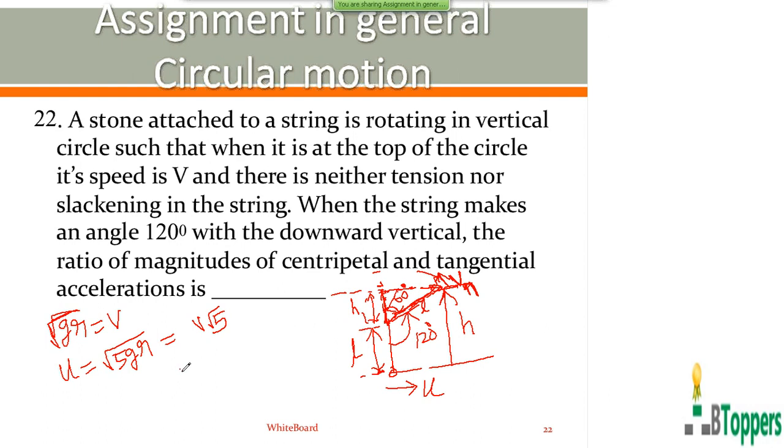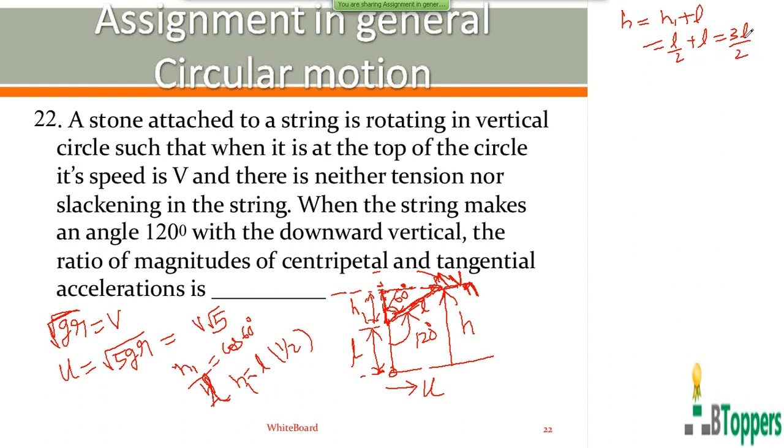So H1 by L is equal to cos 60 degrees, so H1 is L cos 60 degrees, which is L by 2. And h can be written as H1 plus L, that is L by 2 plus L, or 3L by 2.